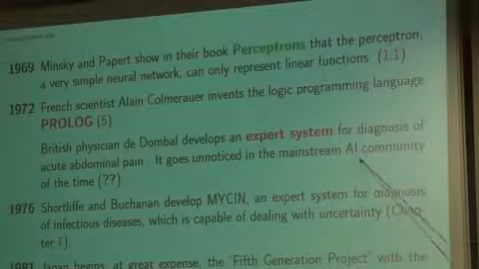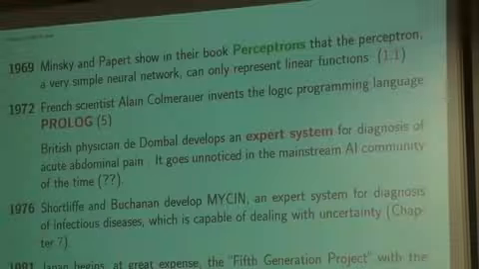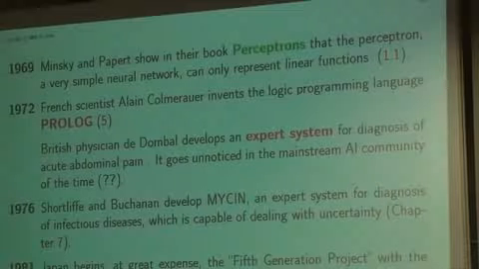In the same year, there was the first successful expert system, developed by a British physician called de Dombasle. He developed an expert system for the diagnosis of acute abdominal pain.